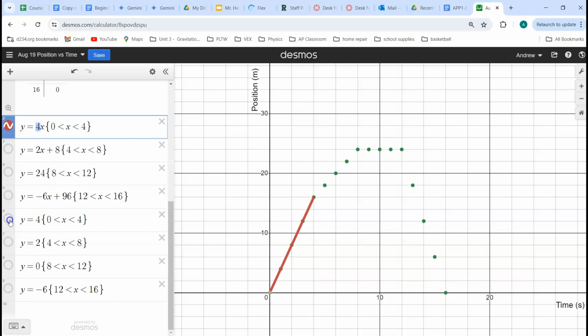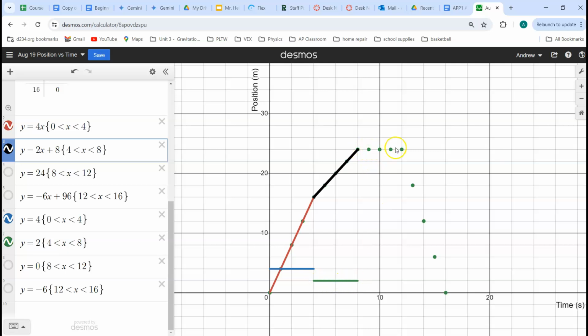So if we were to graph it, this blue line indicates the velocity, right? The velocity was constant. The person was walking at 4 meters per second. For the second part of the graph, their position was increasing at a rate of 2 meters per second, but it was constant. It was increasing at a constant rate. So y equals 2 would represent the velocity in that interval.